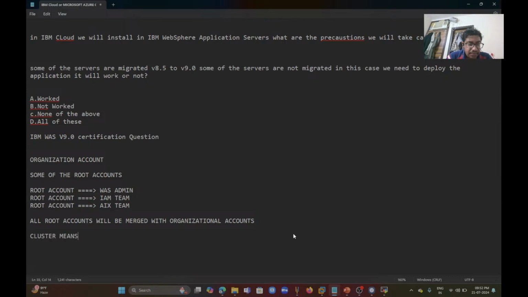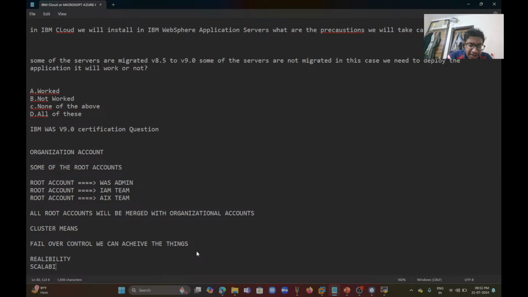Cluster means you can achieve failover control, reliability and scalability.